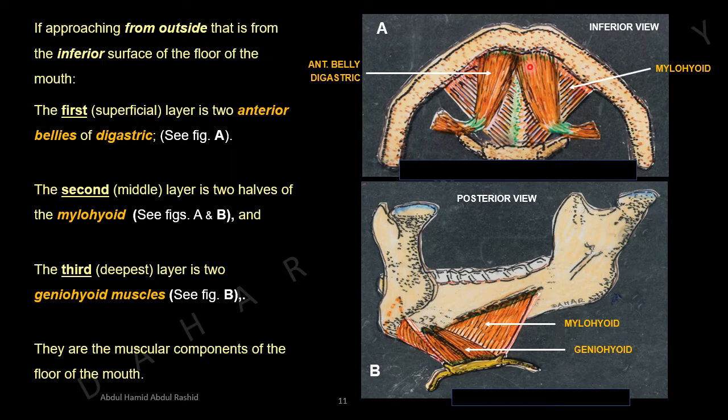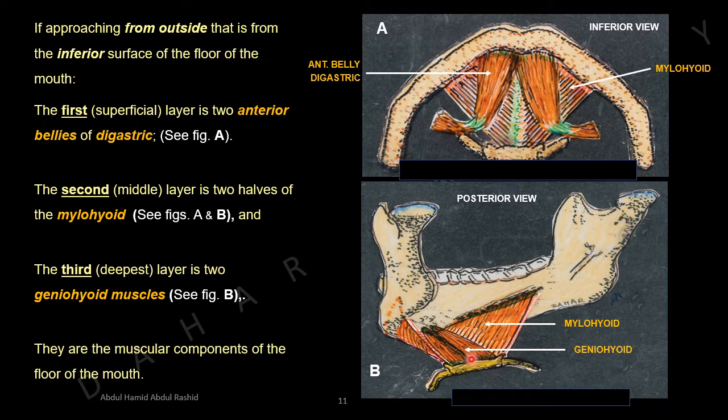You will see them first. Above it, you will see the second layer, the mylohyoid muscle. If you go to the second picture, diagram B, you can see again the mylohyoid muscles, and above it, that is deep to it, is a pair of geniohyoid muscles.